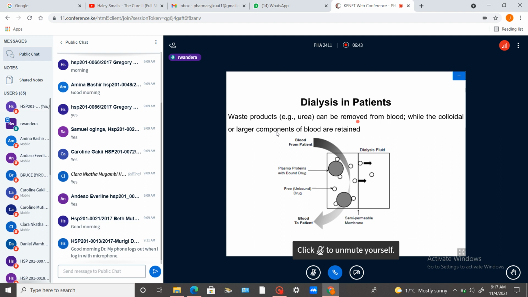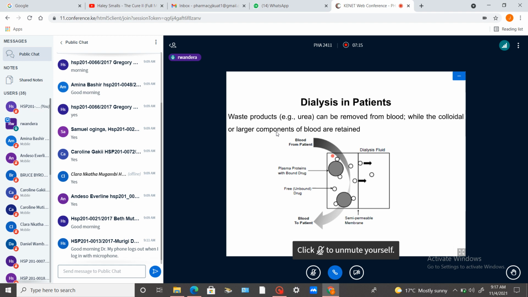Dialysis has also found applications in treatment of patients. And remember, we talked of blood. Blood is a colloid. The blood cells are in the colloidal size range. So we normally also apply dialysis, especially in patients who have renal failure, kidney failure, to purify their blood, or rather remove waste products from their blood.